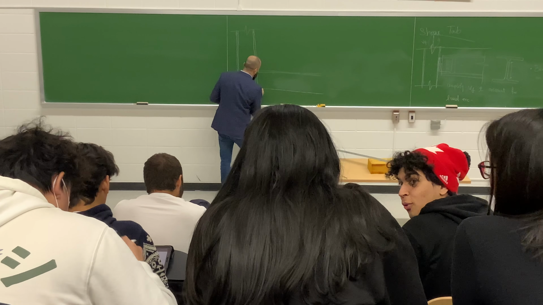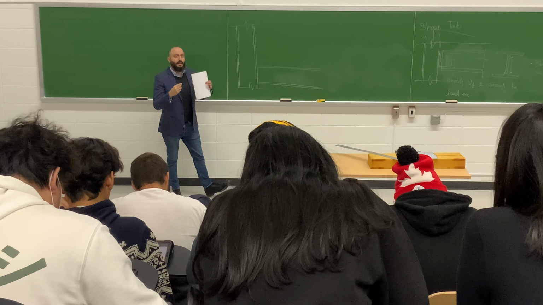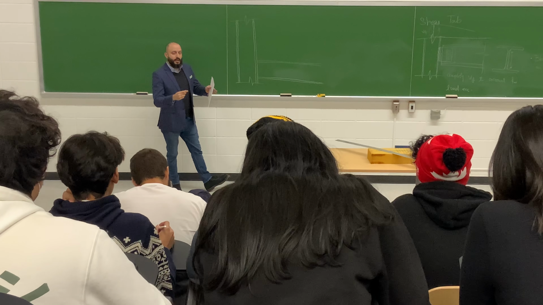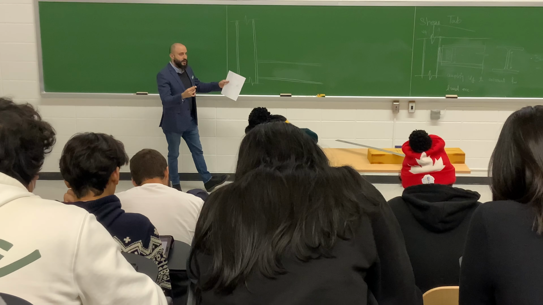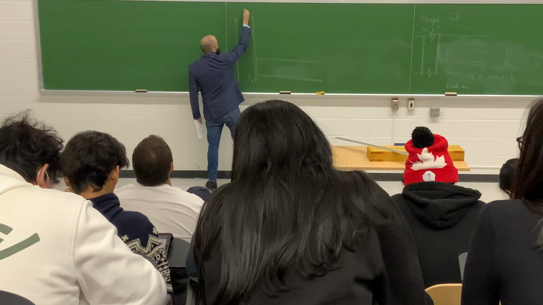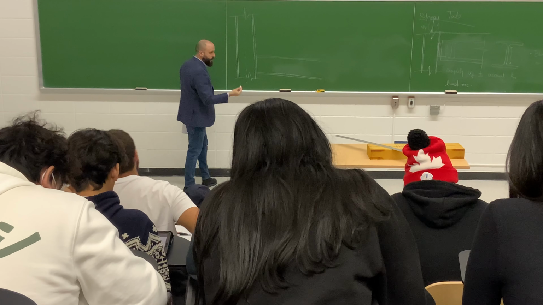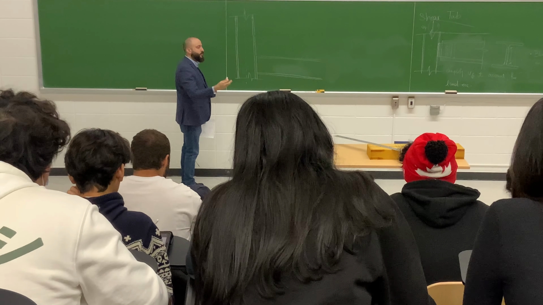So gusset plate connection design is a little bit more complicated, but I'm going to explain a simplified version of it to you that's based on the general procedure that we can use in the course. So the design process is a combination of calculations and also geometric design.